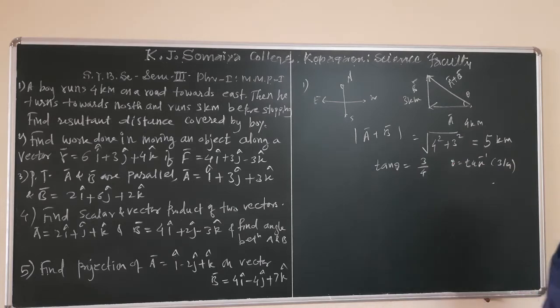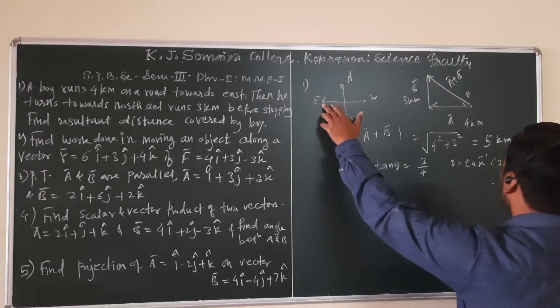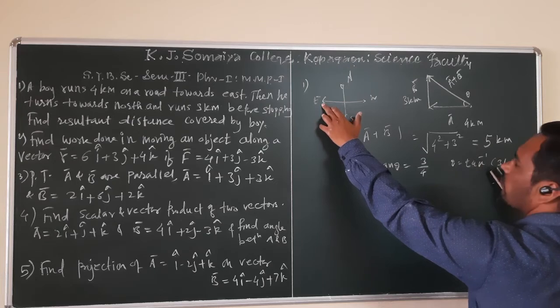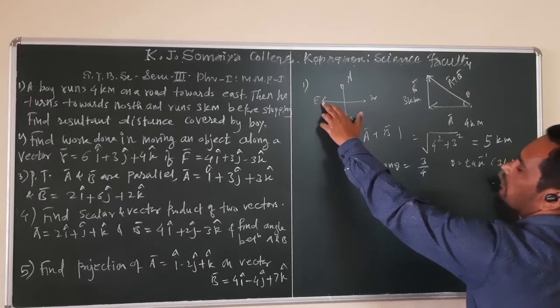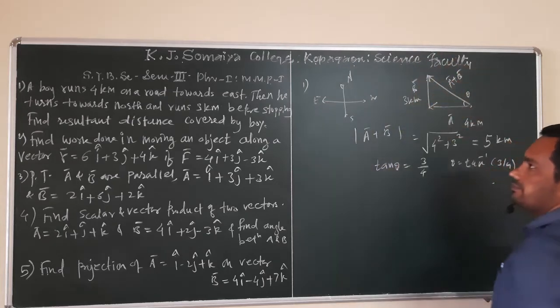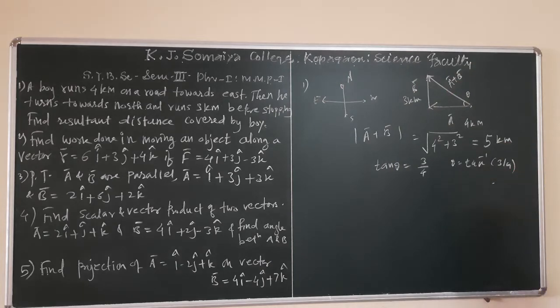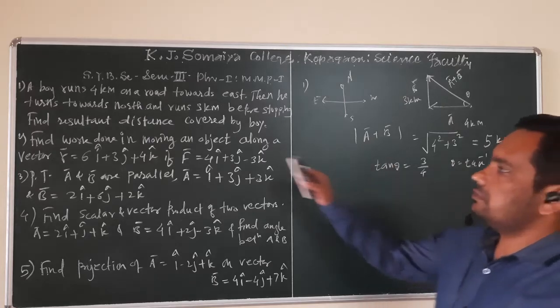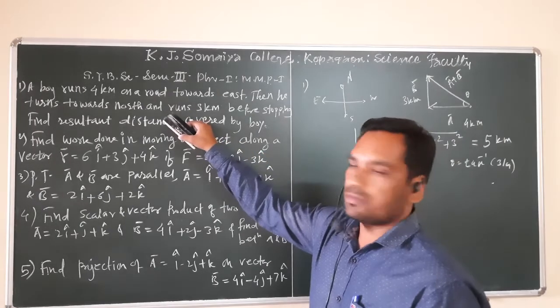So you can say the direction of that boy is tan inverse 3 by 4 degree along east of north. In this way you can find the magnitude as well as the direction. Okay, so with this we have covered the first problem.